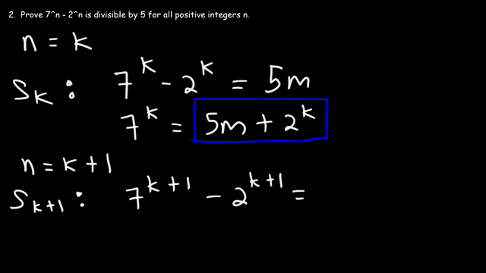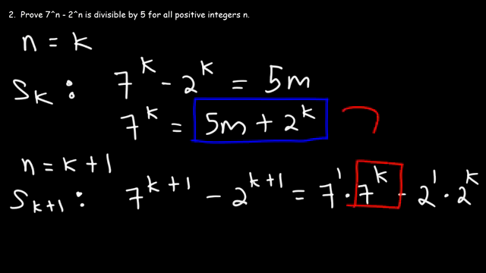What I'm going to do at this point is break each of these numbers into two parts. 7 raised to the k plus 1 is 7 to the first power times 7 raised to the k, just as we did before in the last example. And 2 raised to the k plus 1, we can write as 2 to the first power times 2 raised to the k. Now I can replace 7 raised to the k with 5m plus 2 raised to the k because they're equal to each other.